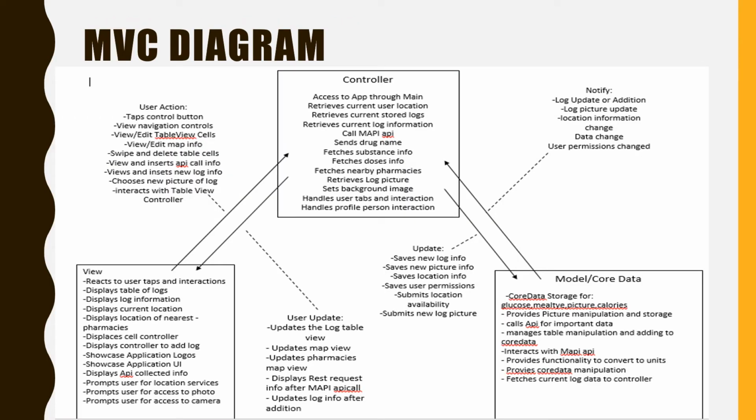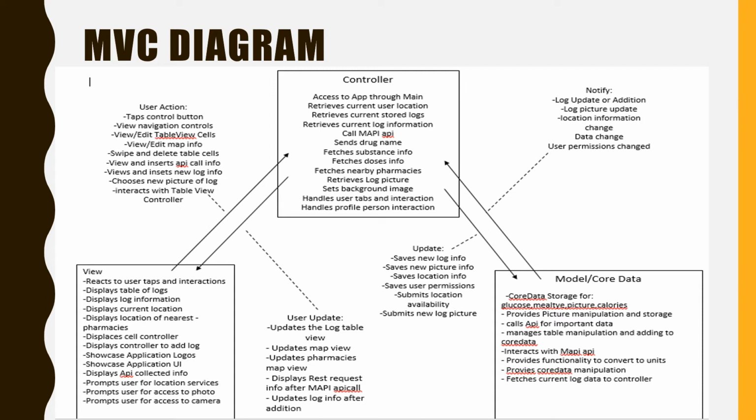So the next thing here is the MVC diagram. The main purpose of the controller is to handle data by the view. It retrieves the current user location, the current stored logs, and the current log information.